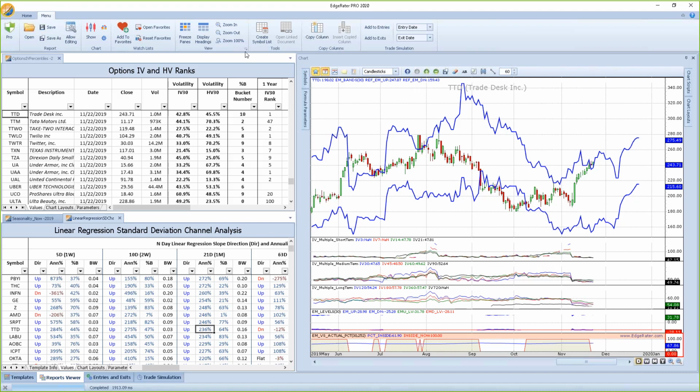So again, probably buy the 250 calls if at or above 245.97. You may want to go a little ways out because it looks like they last for about 2 weeks or so. The implied volatility rank in TTD is 1, so very low. And it's in bucket number 10, so it's just outside of its upper Bollinger Bands.